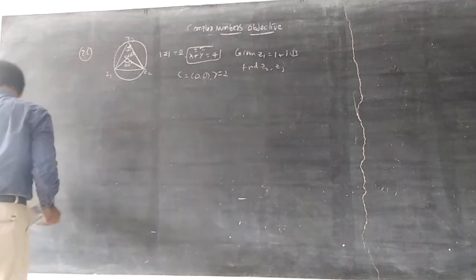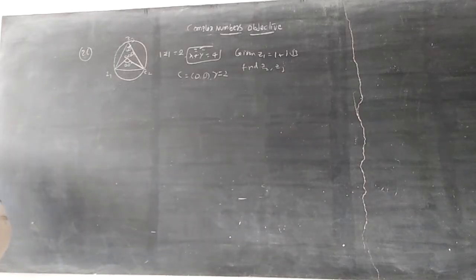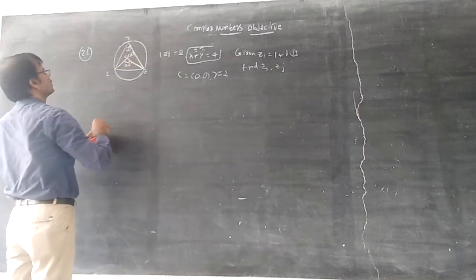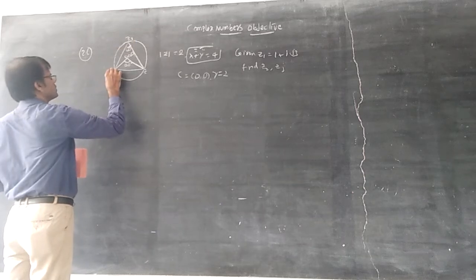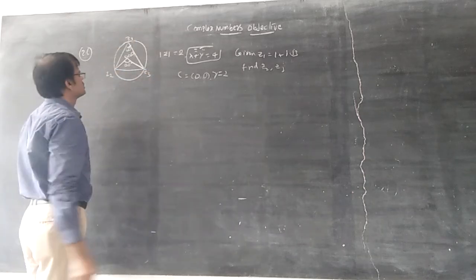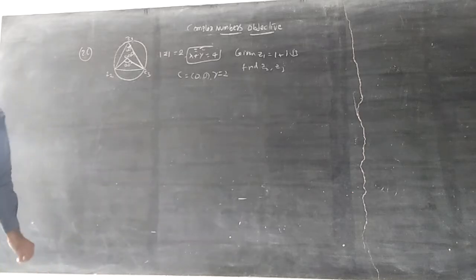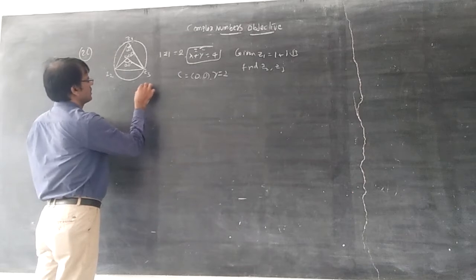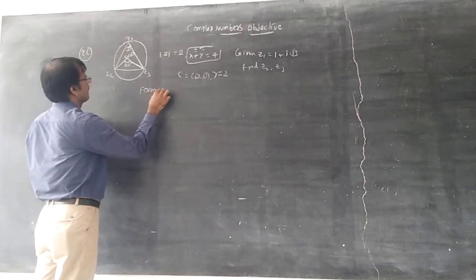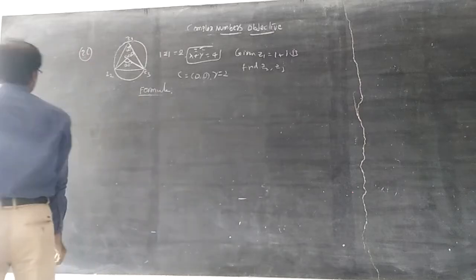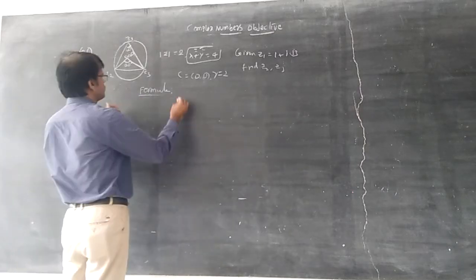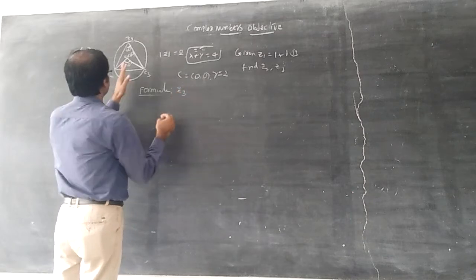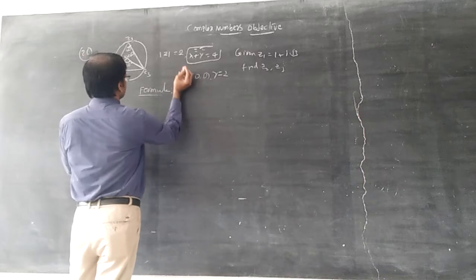Z1 is given. Better put it upside, Z1. This is Z1. We need to calculate this one and this one, so Z2, Z3. So CZ2, CZ3 depend upon the angle, the concept we said, the formula.